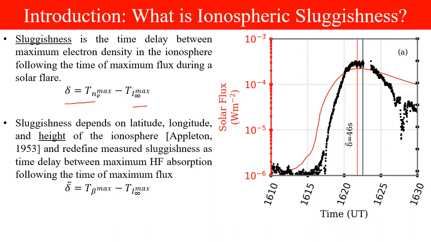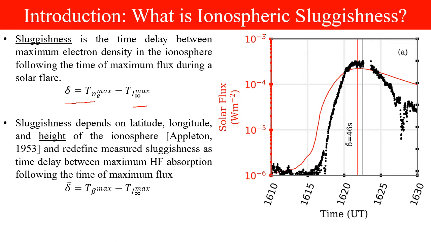However, people have found we cannot exactly measure the electron density at each individual point in latitude and longitude and height. So we use the height integrated method to find out what the overall sluggishness is.